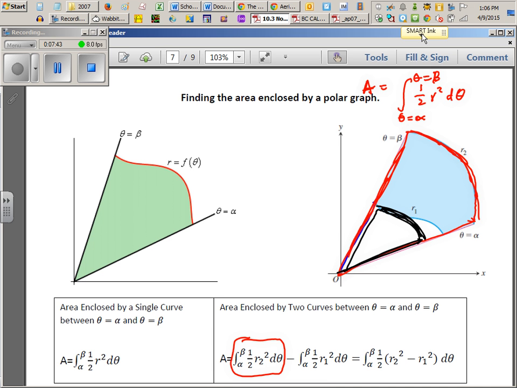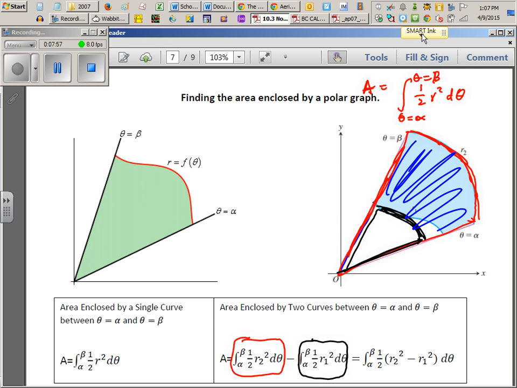And that one has 1/2 r1 squared d theta for its area. And the blue space is just in between them. So if you took the red pizza slice minus the black pizza slice, you would get this little blue crust here. See? The crust of the pizza.